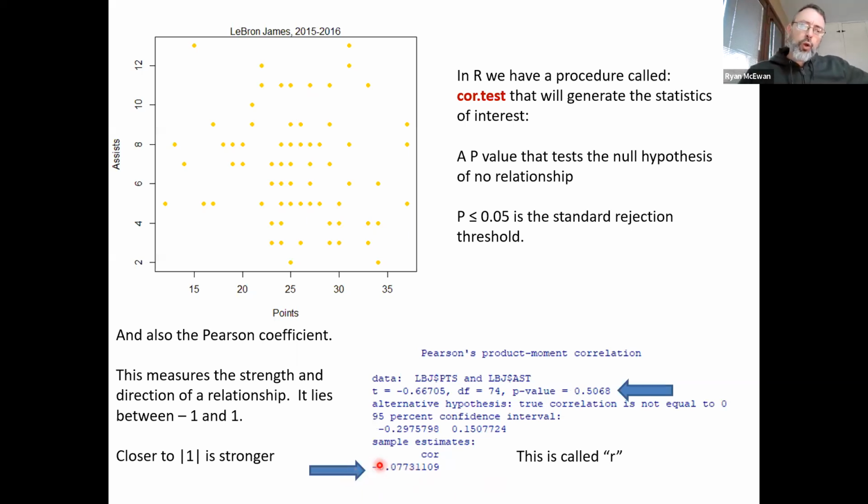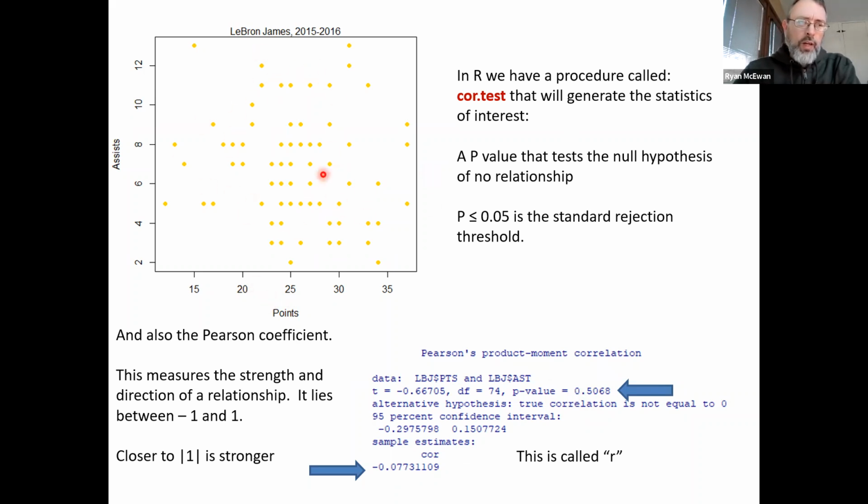So closer to 1, whether it's +1 or -1, is stronger. And this has a critical value of p equals 0.05. In this case, we have 0.5, and therefore we cannot reject the null. And we would say there is no relationship between points and assists here.